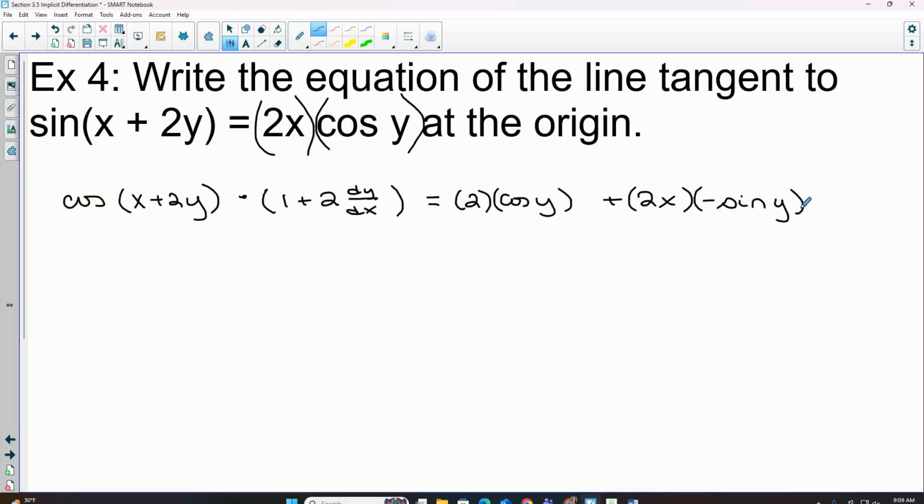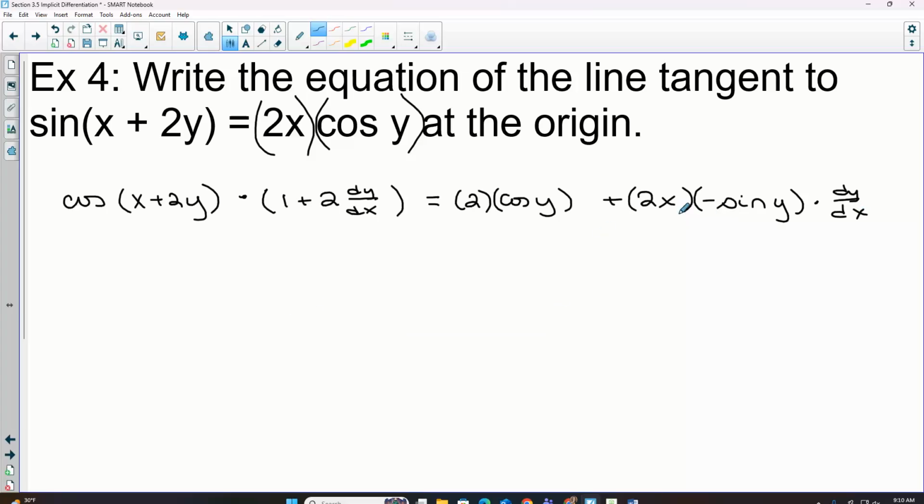Okay, then we need to, inside stays the same, times the derivative of the inside. The inside's just y, but what's the derivative of y? Alright.